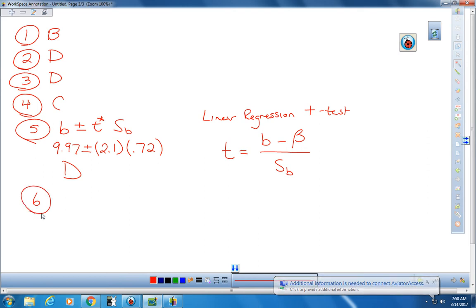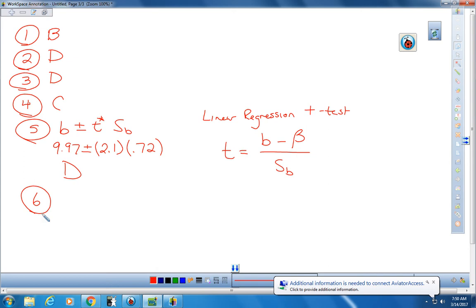All right. Number 6, if the basic assumptions of the simple linear regression model are appropriate, what conclusion should be reached regarding the model utility if a significance level of 0.05? When they say model utility, they're wondering, is this a good model for predicting?